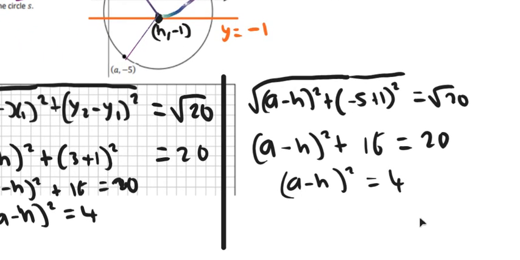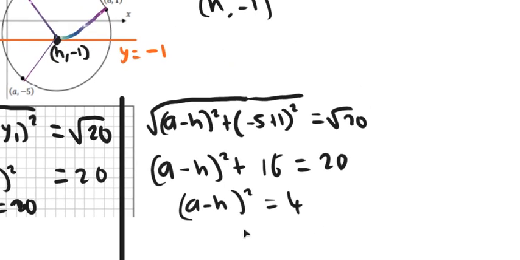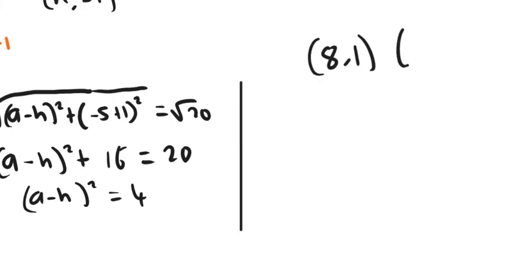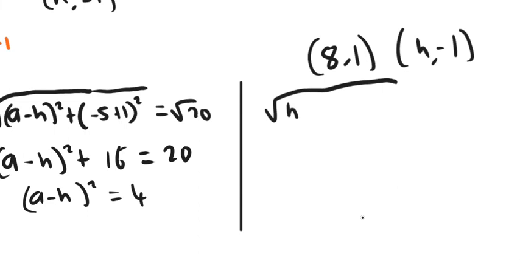So let's sub in the other point then. The other point is 8, 1. So I'll just write up here. So it's 8, 1 and h minus 1. So we get, well, I'll keep the h first anyway. I don't really need to. Yeah, so we get x2 minus x1. Yeah, I'll just leave it, I'll confuse myself.